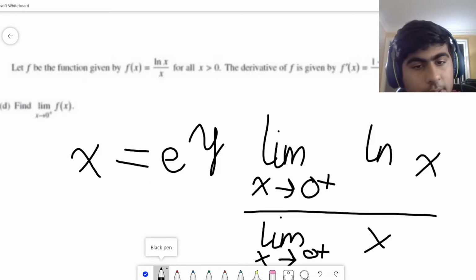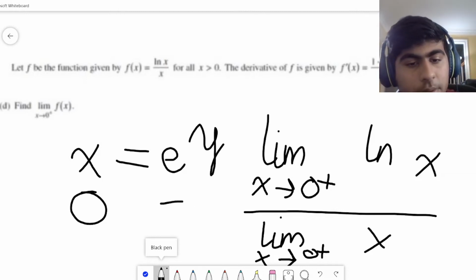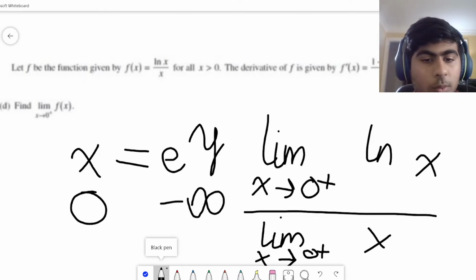As x approaches 0, as this goes to 0, then y becomes really, really negative. If y is negative infinity, then that's basically saying 1 over e to the infinity. And as e to the infinity gets really large, 1 over that becomes really, really tiny, and that becomes 0.